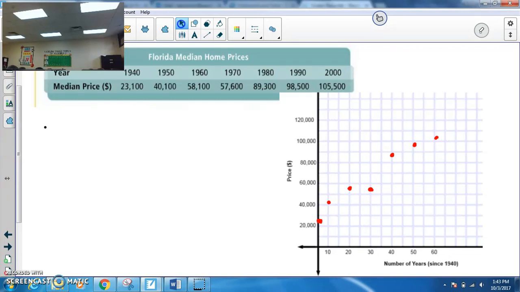Now we're going to sketch a trend line. When we're sketching this trend line, we want to make it as close as we can to the points given. So I want it to be right, so that's pretty close.